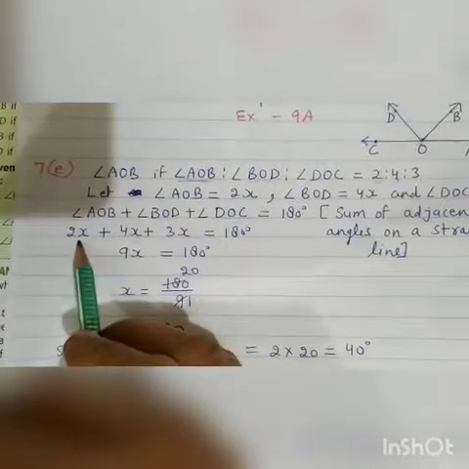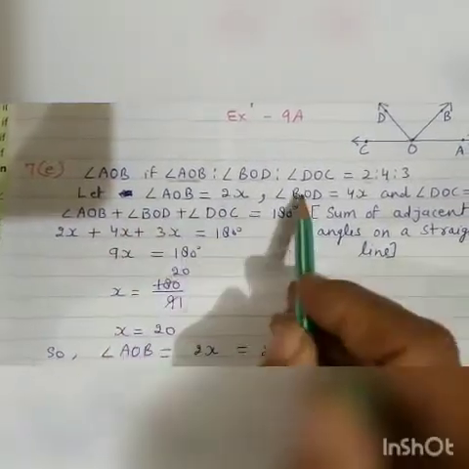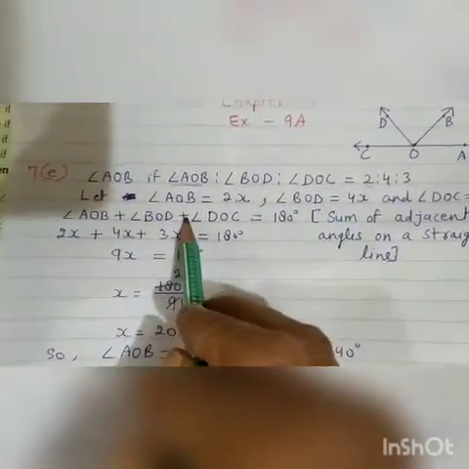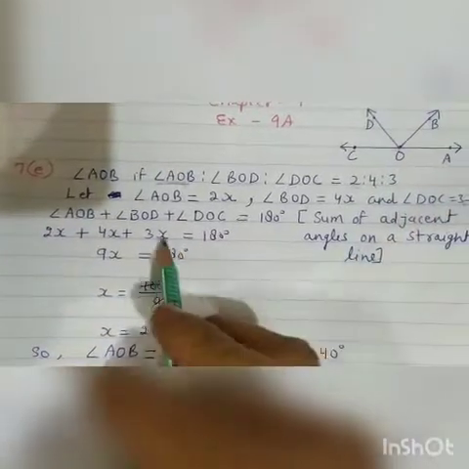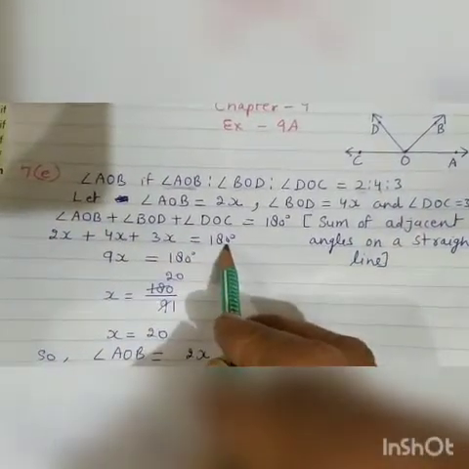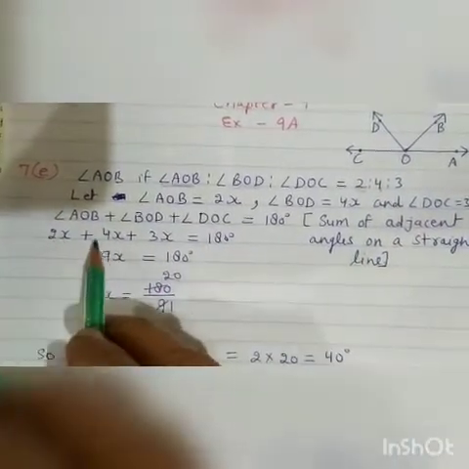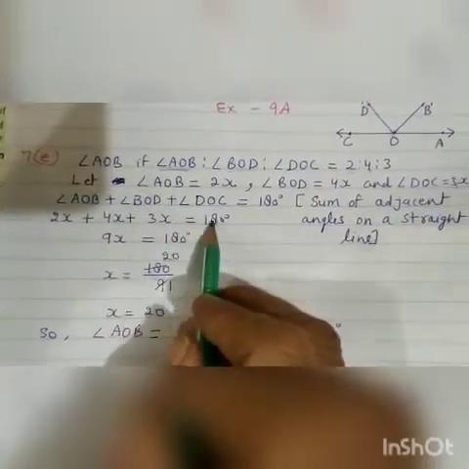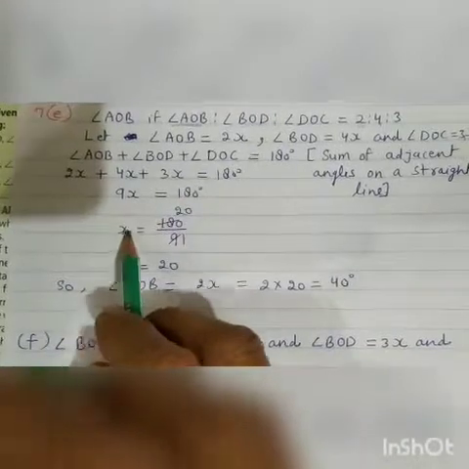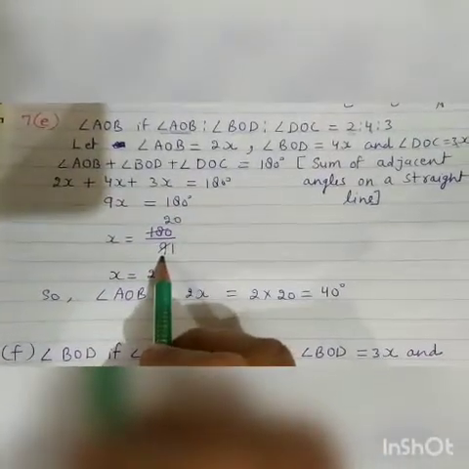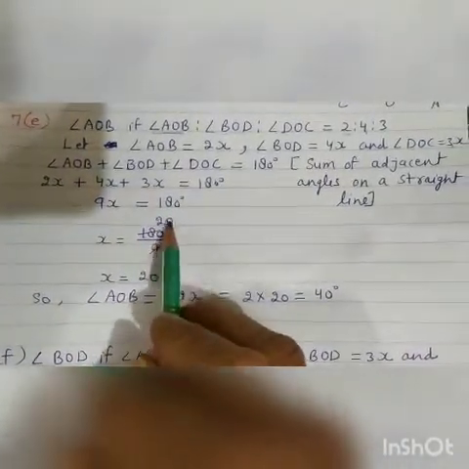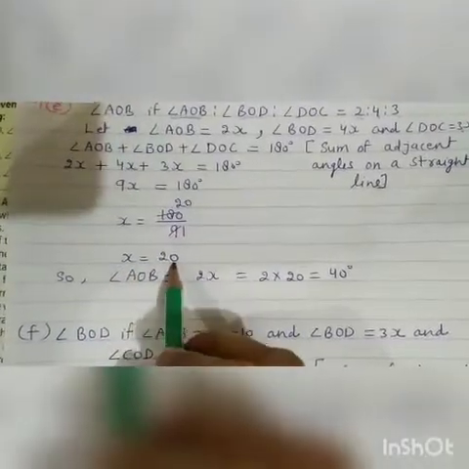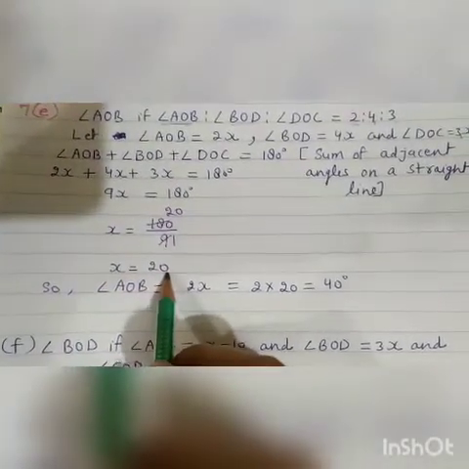AOB is 2x plus BOD is 4x plus DOC is 3x equal to 180 degrees. Now 2x plus 4x is 6x, 6x plus 3x is 9x, equal to 180. Then x is equal to 180 upon 9. 9 ones are 9, 9 twos are 18, 0. x is equal to 20. Value of x is equal to 20.